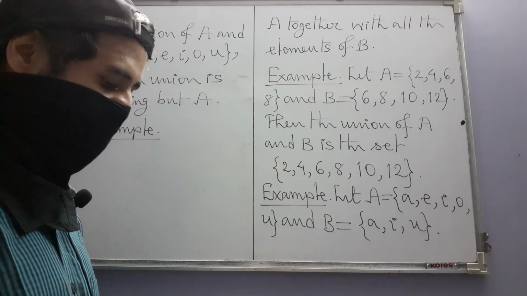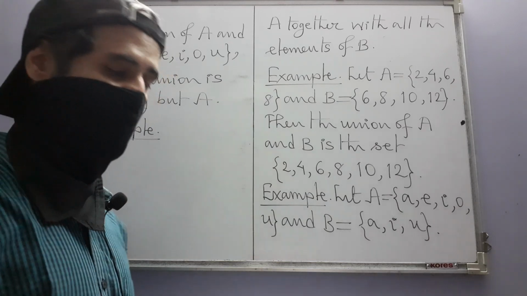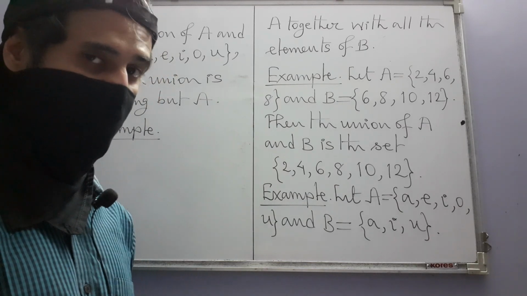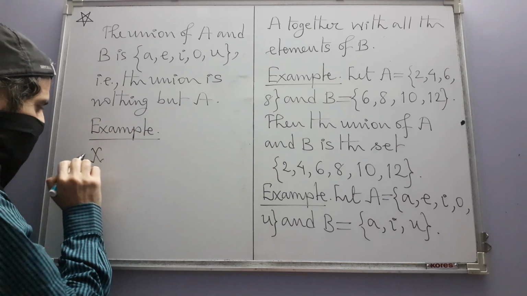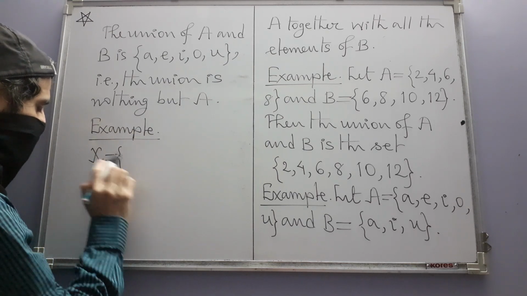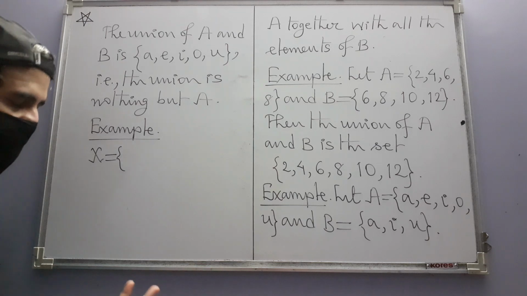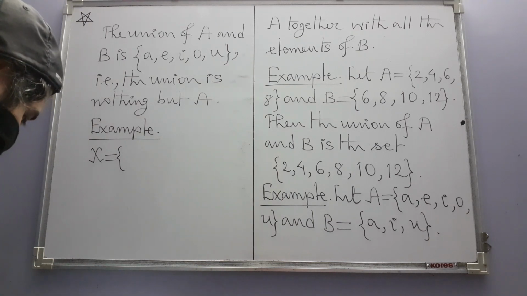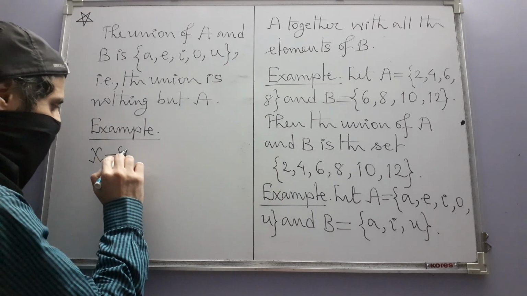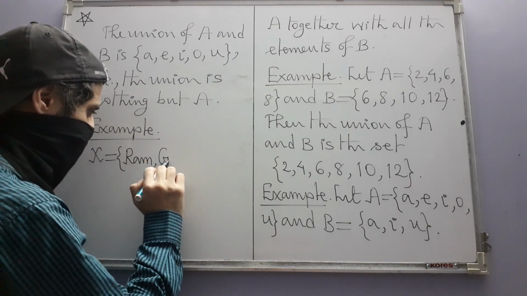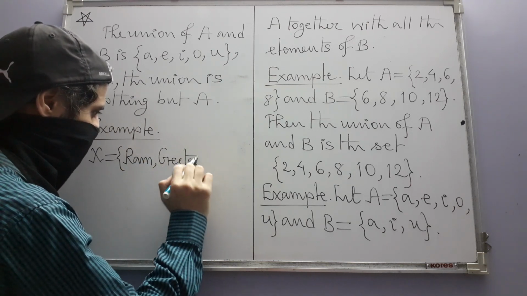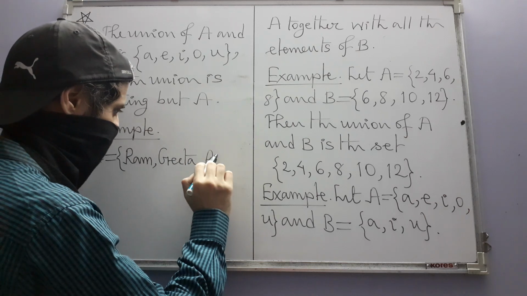In the hockey team, there are 3 students from class 11, and they form this set X. Instead of always calling the sets A and B, we can give them some other name. Ram, Geeta and Akbar.